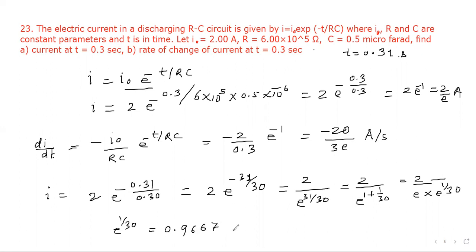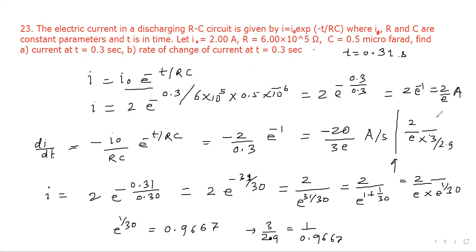0.9667. Here it is in the denominator, 1 upon 0.9667. So in place of e to the power 1 by 30, we can write 2 upon e, and here we write this 3 divided by 2.9.